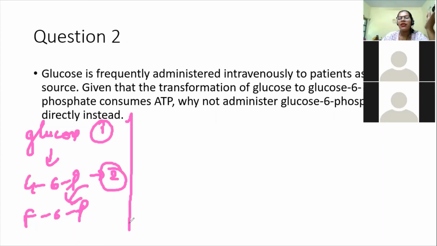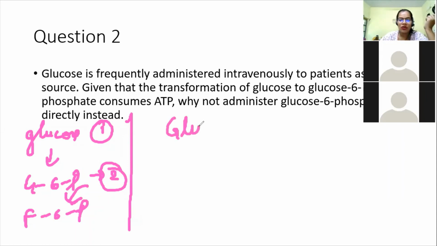What is happening from glucose to glucose 6-phosphate? Phosphorylation. Correct. Then what else? Because of the phosphate group added to the glucose, what is happening to the glucose? I'll make you think and give the answer.